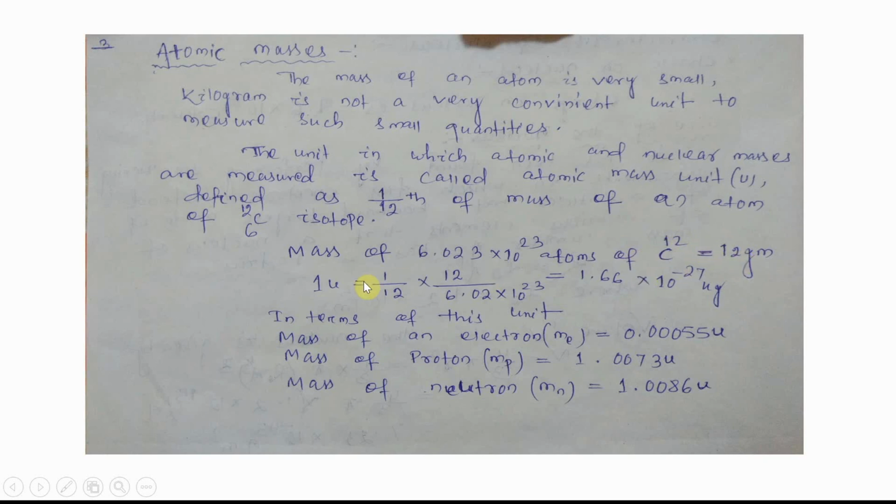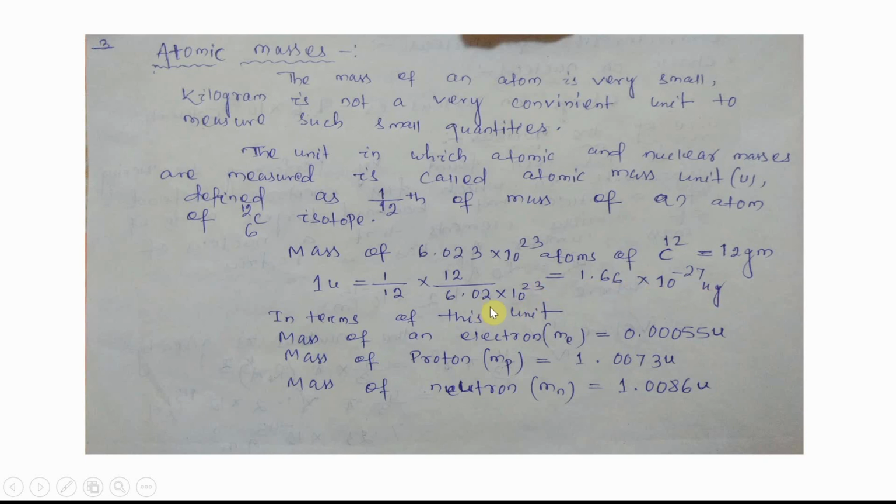So 1 AMU is 1 by 12th of the mass of one carbon atom. So 1 atomic mass unit, 1 u, equals 1 by 12 into 12 by 6.02 into 10 to the power 23. That will give us 1.66 into 10 to the power minus 27 kg.